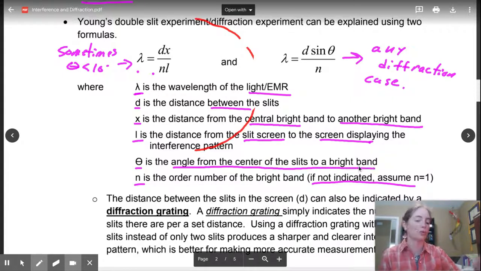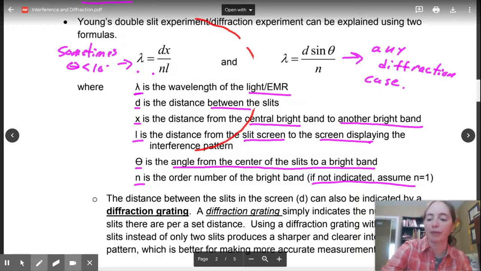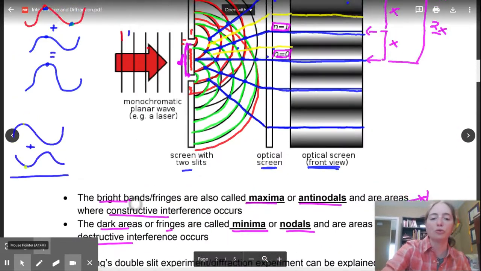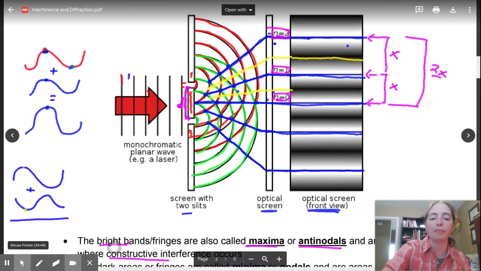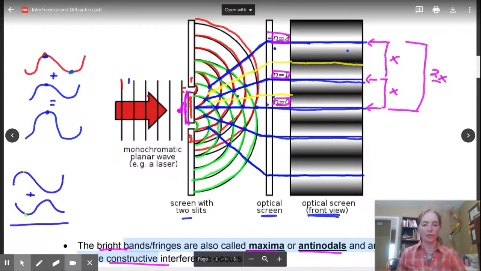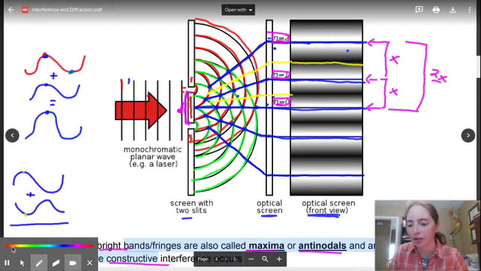Okay, so let's go and draw this on our diagram. Back up here. There. I'm going to switch colors and change to this orangey color.